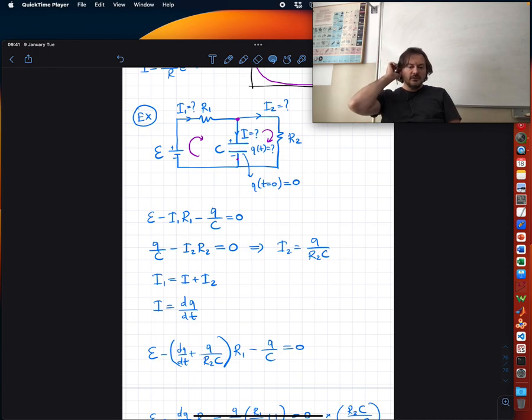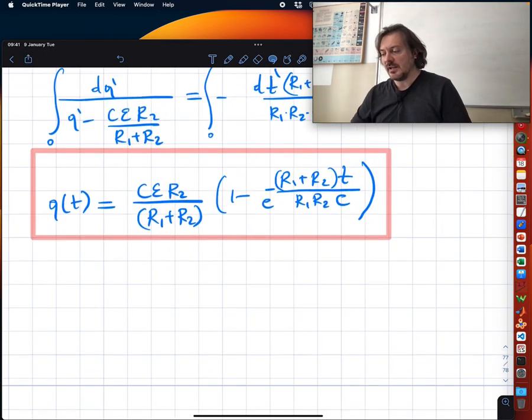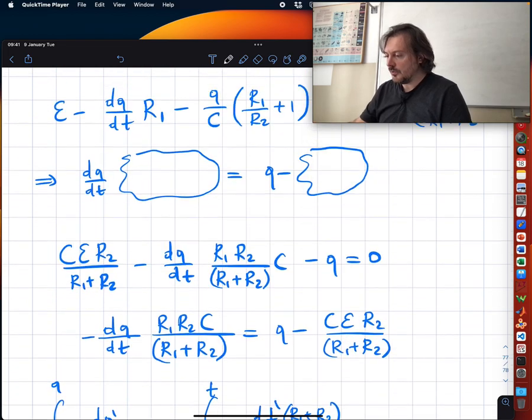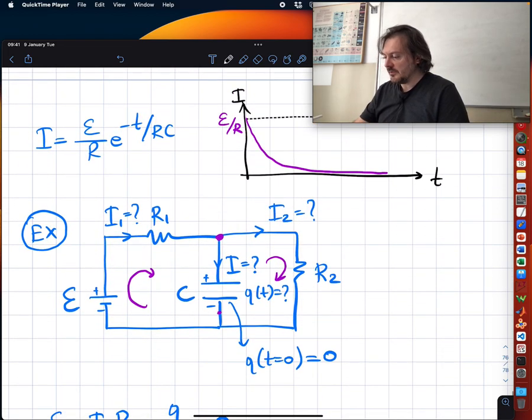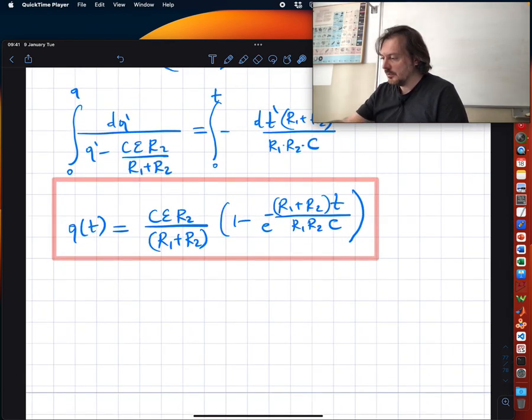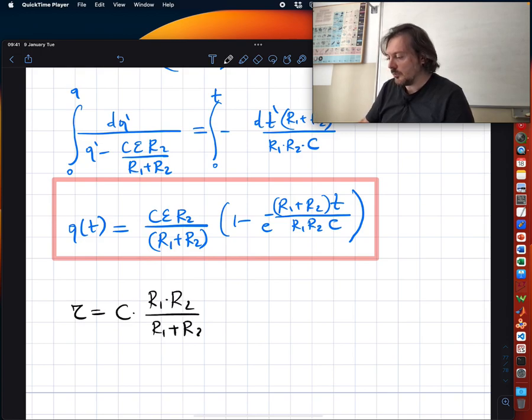And what else? We did all this algebra, and it turns out that although the resistances don't look parallel to you, maybe, they act as if they are parallel. Look, what is tau? Tau is C times R1 times R2 over R1 plus R2. And what is that?